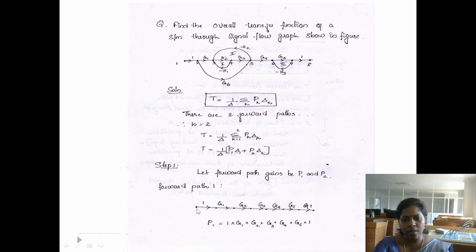Gain value is the value in between two nodes. Then write the overall gain value of the forward path by multiplying all the gain values in the forward path. In this forward path we have gain values 1, G1, G2, G3, G4, G5 and 1. So multiply all these gain values to get the gain value of forward path 1.